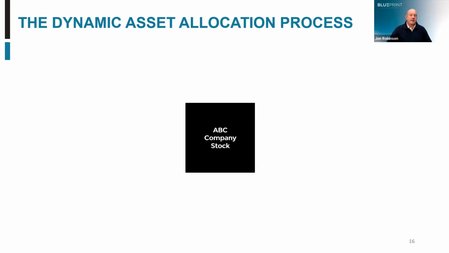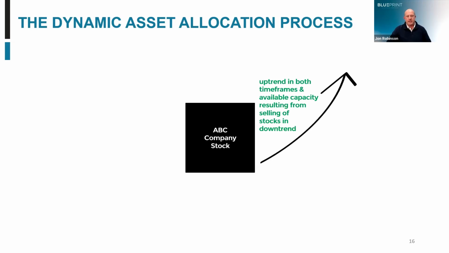Now, the stock can stay flat, but it's still going to generate a trend. So these are the two states of the world for ABC company stock. Let's take the uptrend example. Let's say in ABC company stock, you have an uptrend over both timeframes, the intermediate and the long term. And therefore, the stock has its baseline exposure.